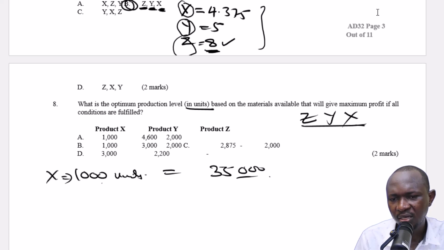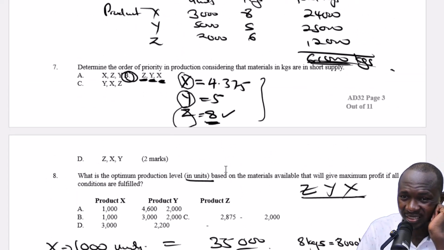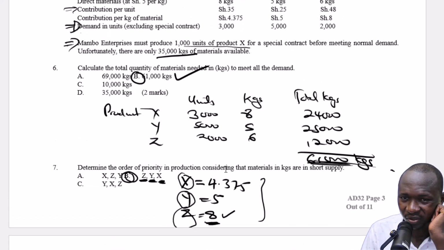Each unit is made up of 8 kgs, so how many kgs will you have utilized? 8,000 kgs. And we only have 35,000 kgs. So 35,000 minus 8,000, we are remaining with 27,000 kgs. I hope you are not confused. The 35,000 kgs is the maximum; unfortunately, there are only 35,000 kgs of materials available.